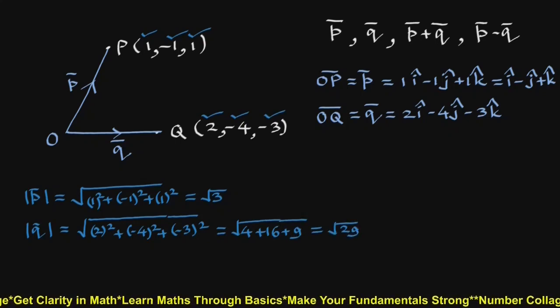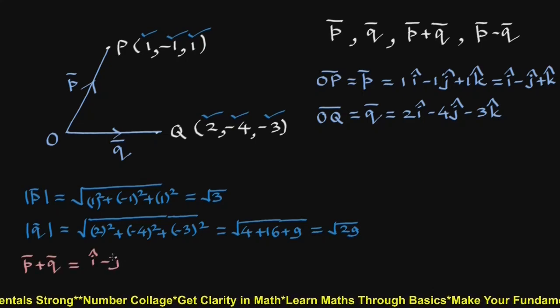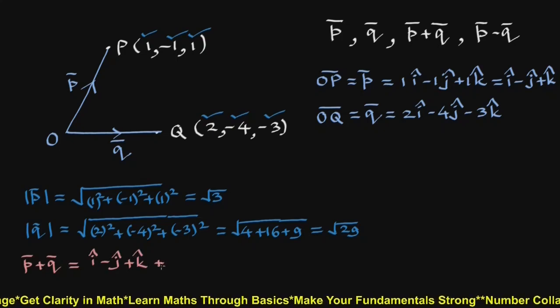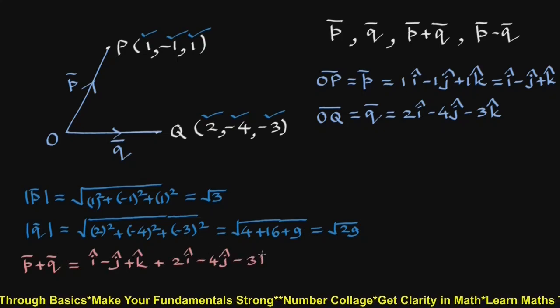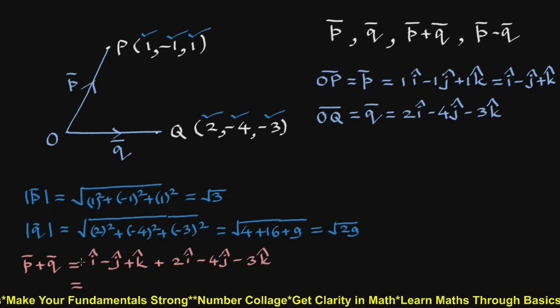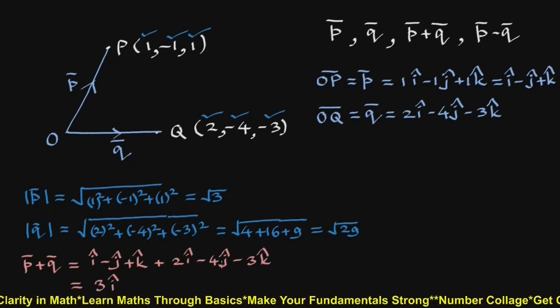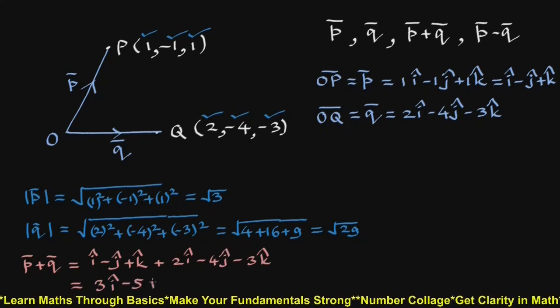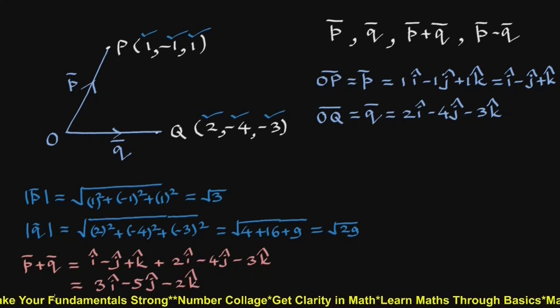Next we have to find p bar plus q bar, that will be i cap minus j cap plus k cap plus 2 i cap minus 4 j cap minus 3 k cap, which will be 3 i cap minus 5 j cap minus 2 k cap.